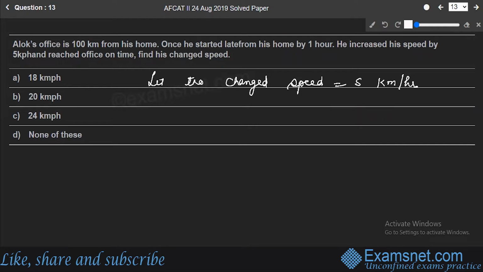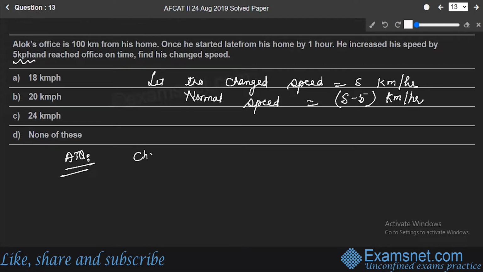That means his normal speed. He increased the speed by 5 kilometers per hour. That means his normal speed was 5 kilometers per hour less, right? This was his normal speed. Now, according to the question, the distance between the 2 points is not going to change, right?